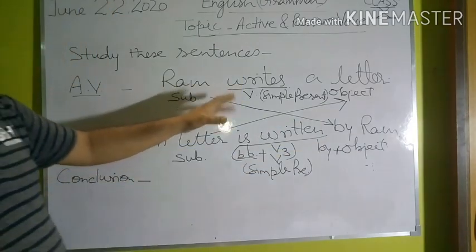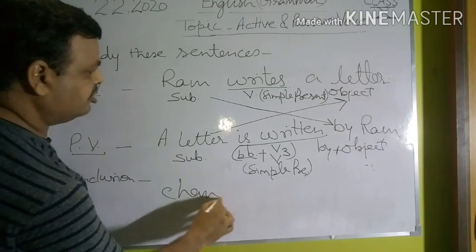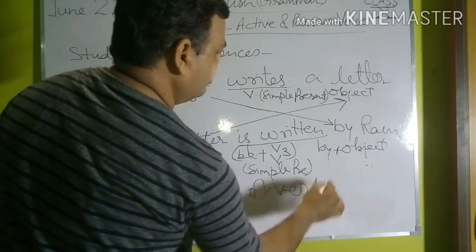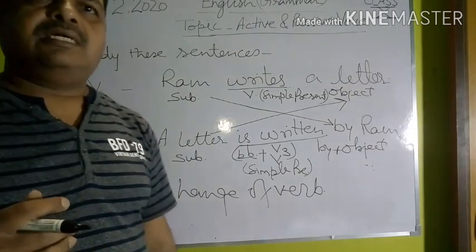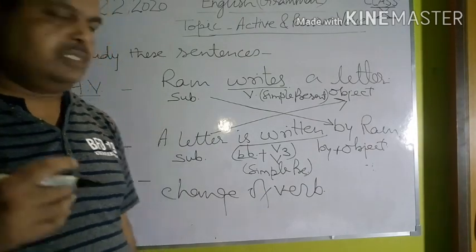The main thing you have to keep in mind is the change of verb. This is very important. Out of the 12 tenses, only 8 tenses can be changed into passive voice.